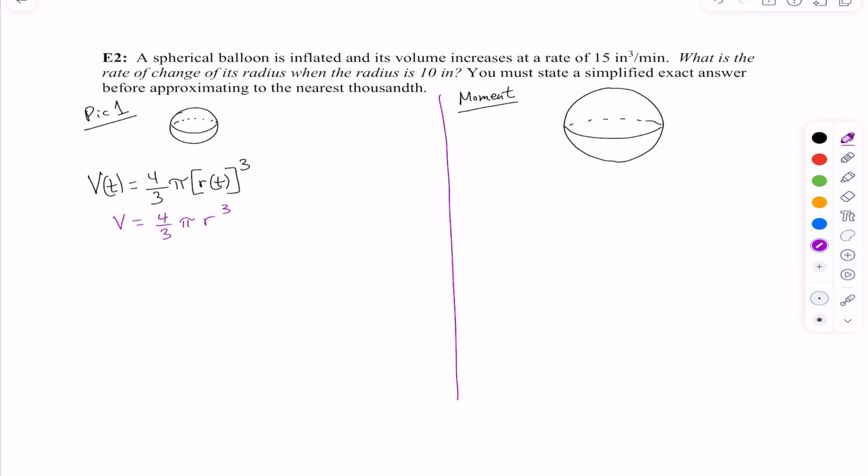Speaking of later, later is now. Let's implicit differentiate. V is a function of time and r is a function of time, so we're going to need the chain rule.